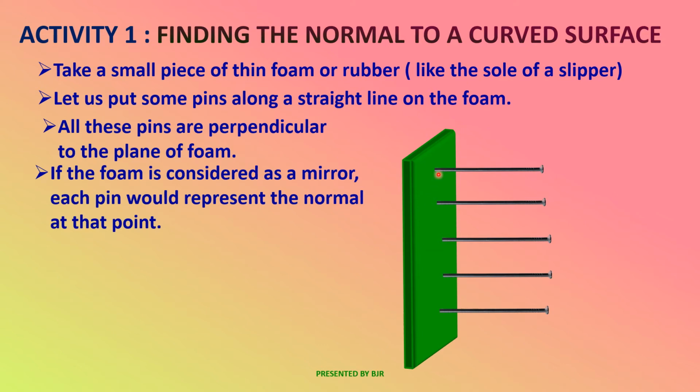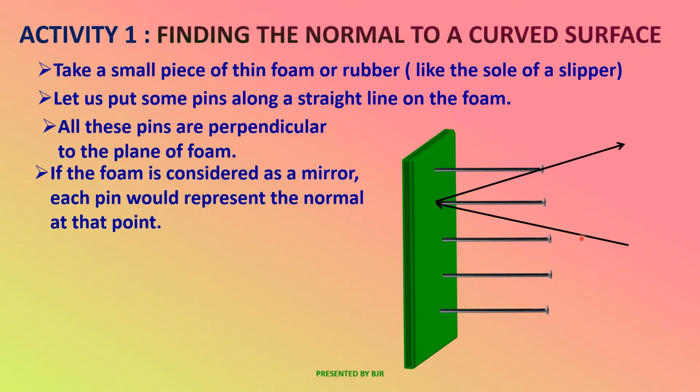At this point, this pin represents the normal to the plane surface. At this point, it is a normal. At this point, it is a normal. So imagine that, take one pin. Let us take this pin.